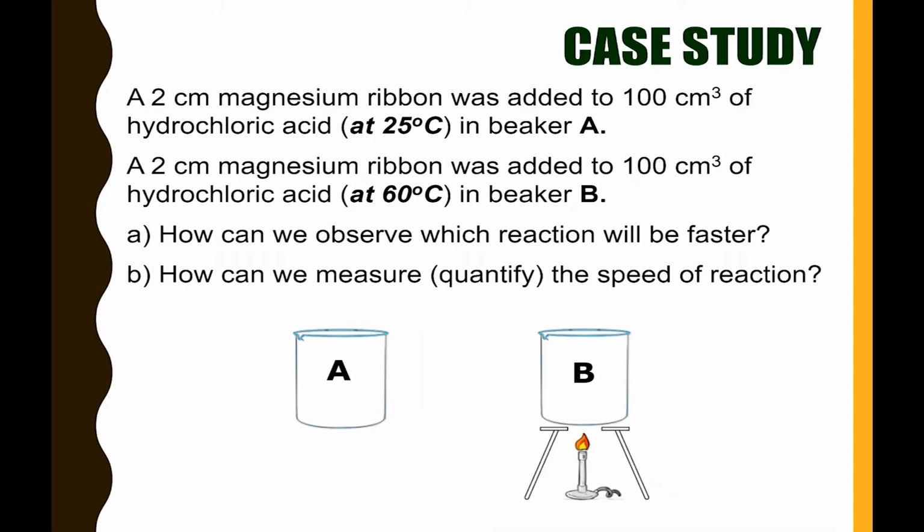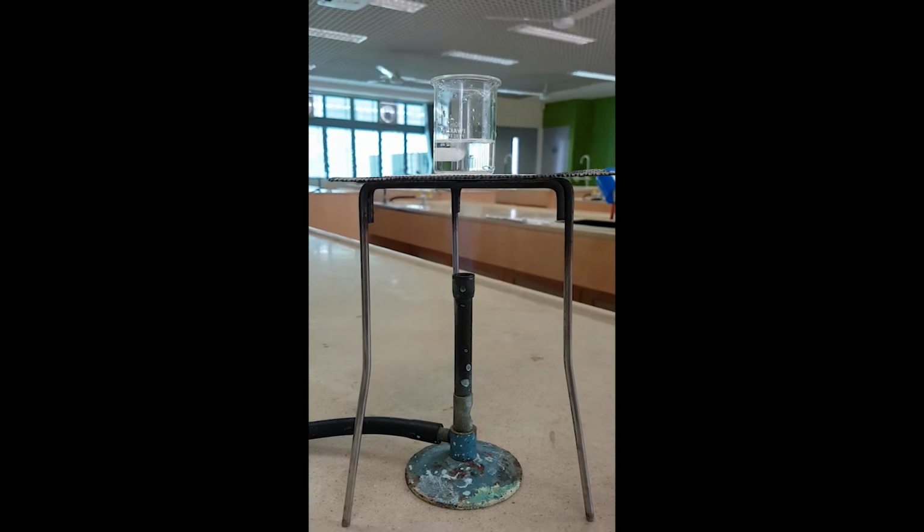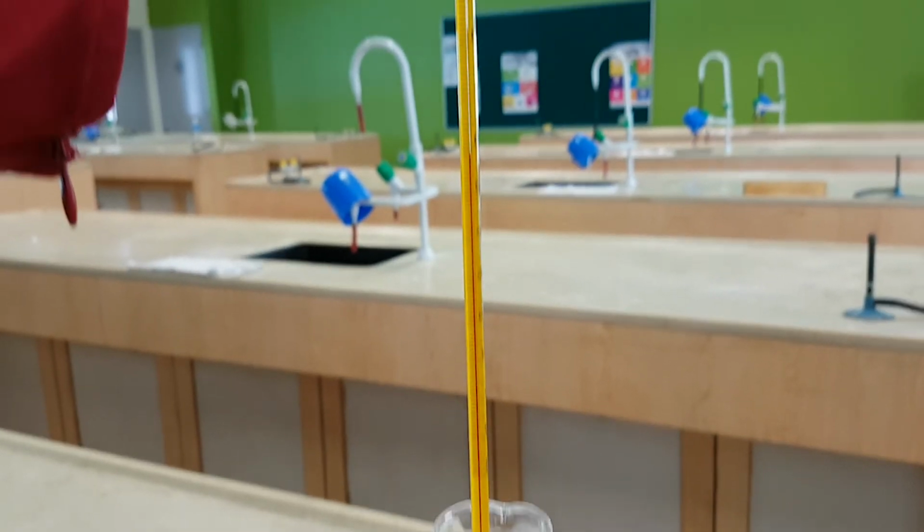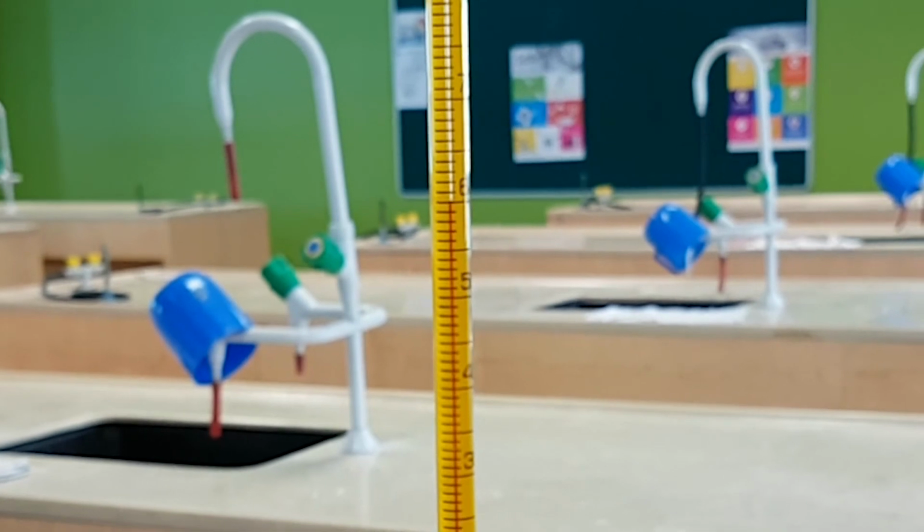I have beaker A and beaker B. I've prepared 2 cm magnesium ribbon, and I will add them to 100 cm³ of hydrochloric acid. The difference between the two acids is the temperature. Beaker B has a higher temperature than beaker A. In the video I'm going to show you, I've already heated the acid in beaker B to about 60 degrees Celsius.